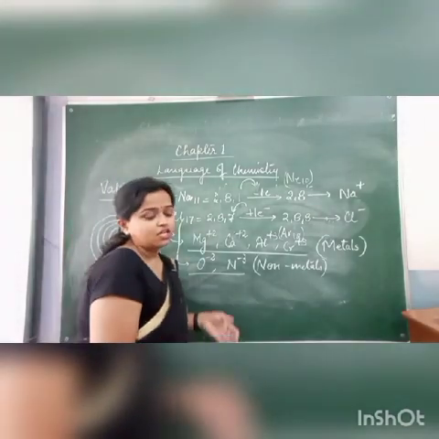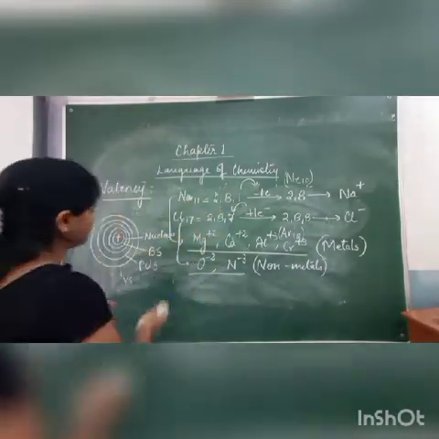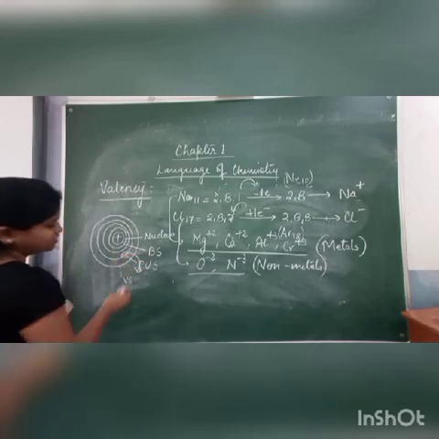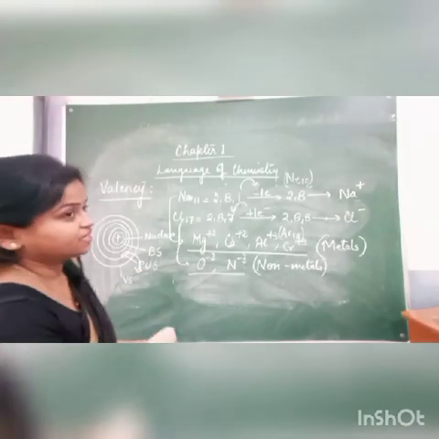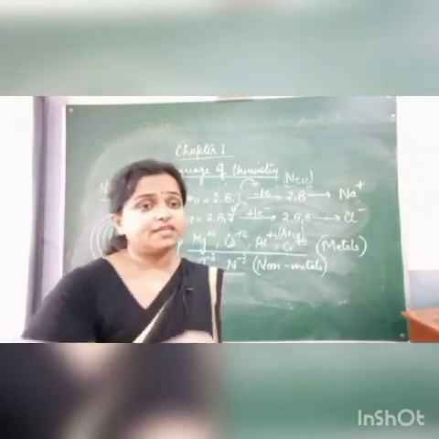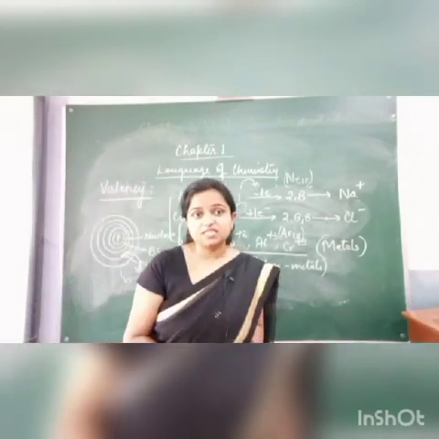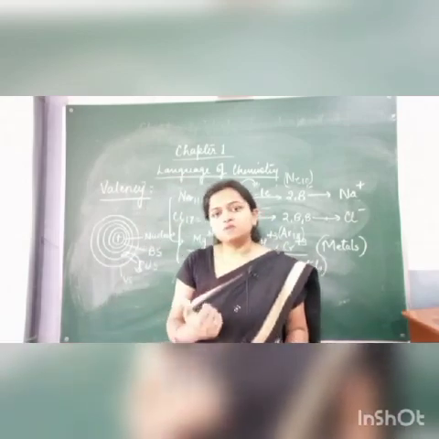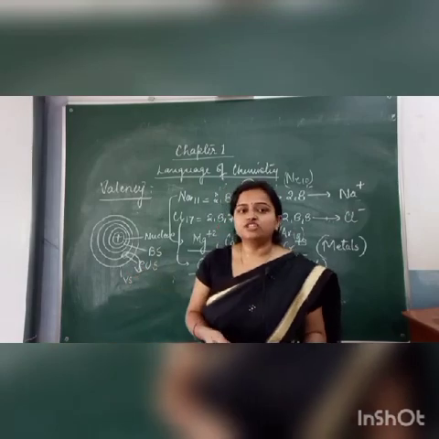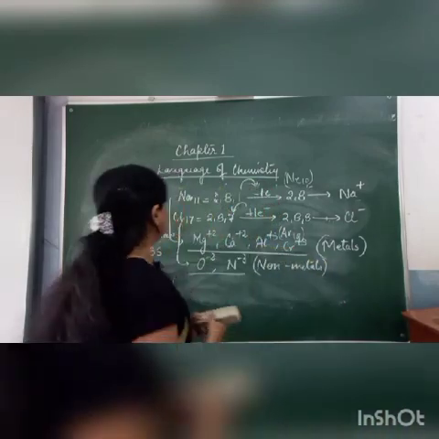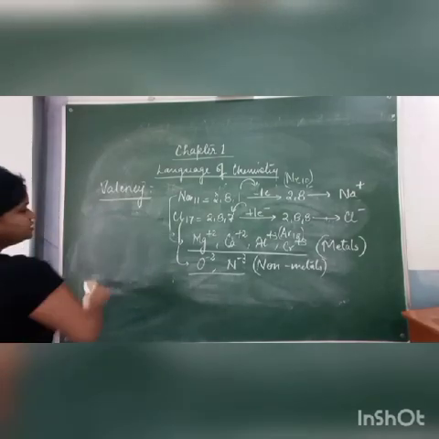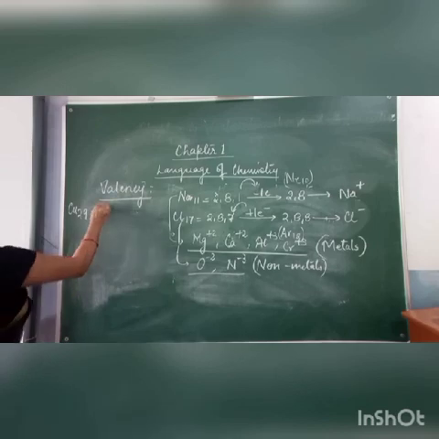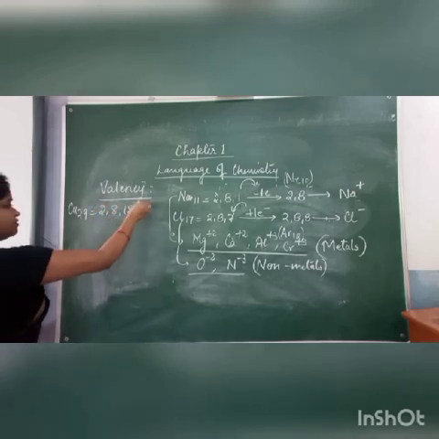Some of the elements have variable valency, where the electron comes out from the penultimate shell, and hence they are called variable valency. Certain metals exhibit variable valency because their electron comes out from the shell just before the outermost shell. An example in your book is copper, 29, whose configuration is 2, 8, 18 and 1.